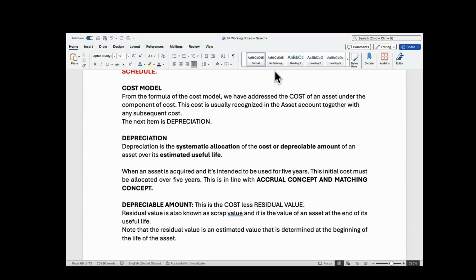Any value that you estimate can change, because you will have done your estimation based on the information available to you at the date of that estimate. When you have more information, you will update that estimate. So don't say that because it's the value at the end of the life of the asset, we wait till the end of its life. No, it's really determined right from day one.